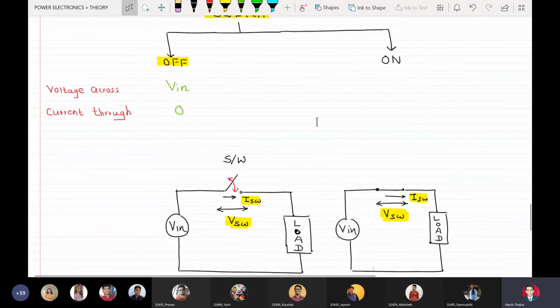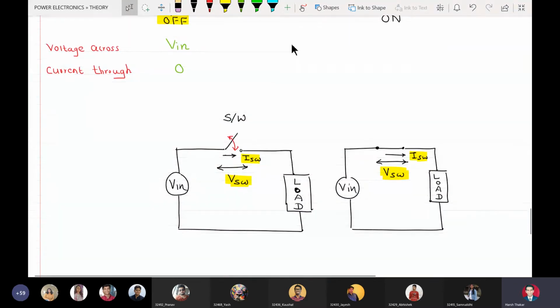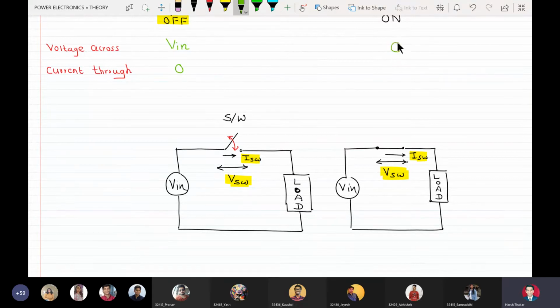Now the switch is closed. So what is the voltage across the switch and current through the switch? Voltage will be zero. Okay. Voltage will be zero. Current through the switch?